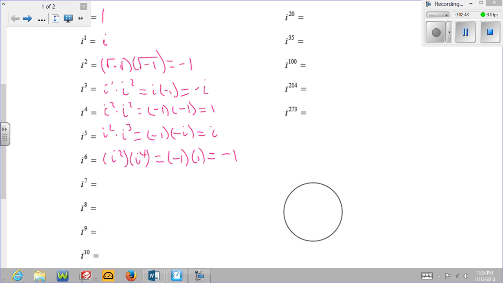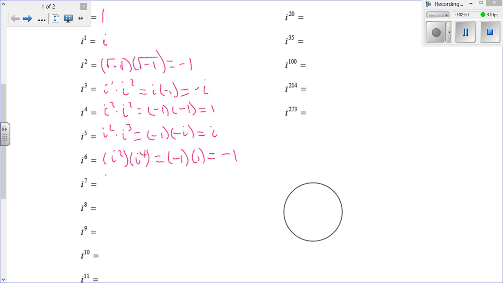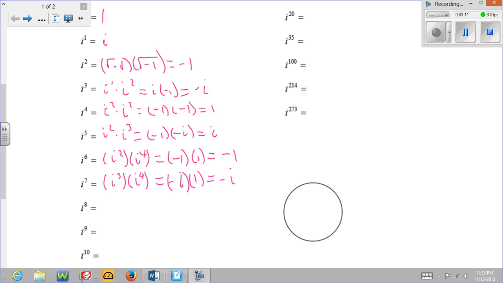Okay, and i to the seventh is i to the third times i to the fourth, which is equal to i to the third is -i, and i to the fourth is 1, so it's just -i.